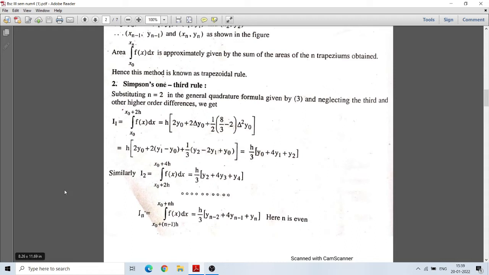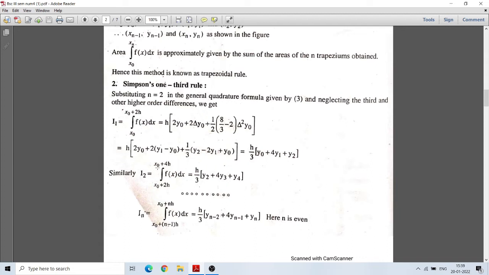That is I1, I2 and so on. In is equal to the integral over the limit x naught plus (n minus 1) h to x naught plus nh of f of x dx, which is equal to h by 3 (yn minus 2 plus 4 yn minus 1 plus yn).